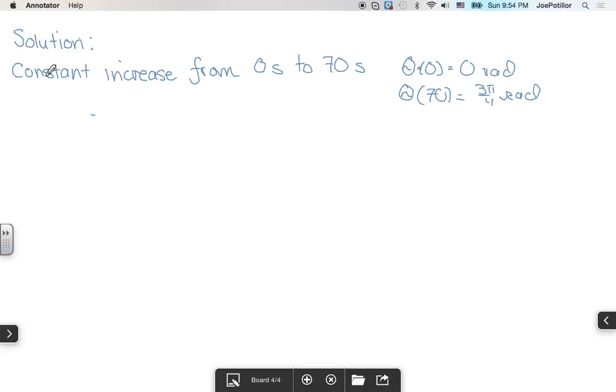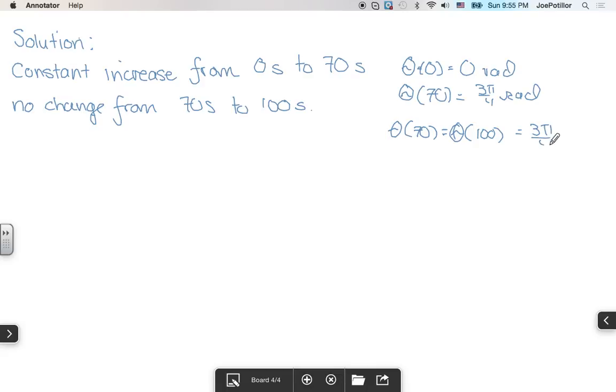There's no change from 70 seconds to 100 seconds. So that is to say, your theta at 70 is equal to theta at 100, which is 3 pi divided by 4 radians.